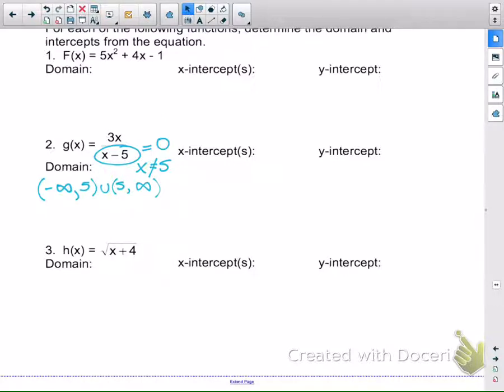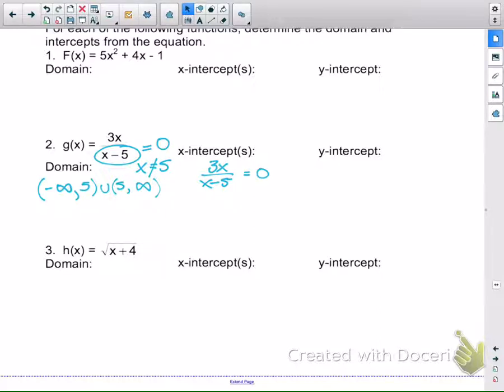To have x-intercepts on these, the general rule of thumb for x-intercepts is what has to equal 0? Y has to equal 0, which is essentially the entire function. So if I want to find the x-intercept for this, you set the entire function equal to 0. Now, there's a trick to this. If the whole thing has to equal 0 on a fraction, what part of the fraction actually has to equal 0?